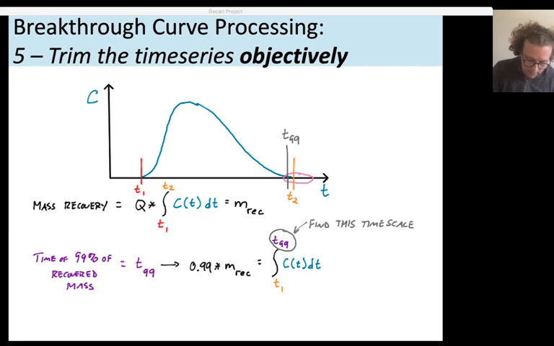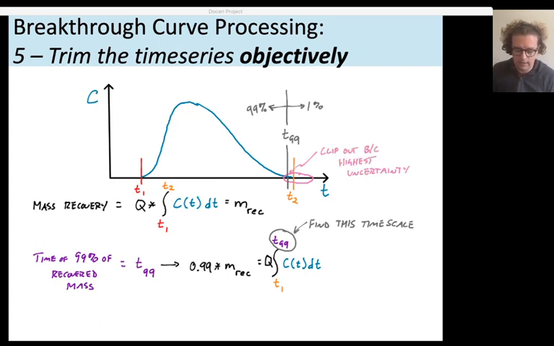And I'm noticing in that equation there should have been a black Q in front of it, sorry. So that T99 should be before the objective truncation that you did on the previous slide. By definition, it must be, because 100% of the mass occurs when we get to that time scale, T2. So your goal here is to find that time at which 99% of the signal is to the left and 1% is to the right.